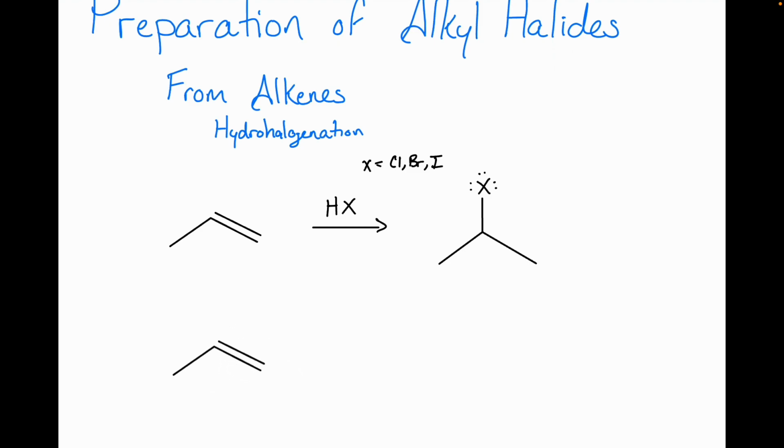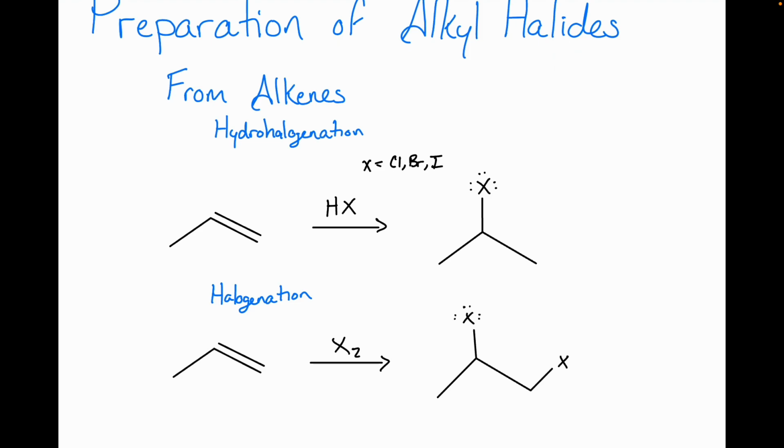Okay, the other method that we had was just using a halogen, which are diatomic, so X2. And now you're just adding a halogen, so this was a halogenation reaction. And that will add two halogens, one to either side of that double bond, right? So these are two reactions that we covered previously that will produce alkyl halides.